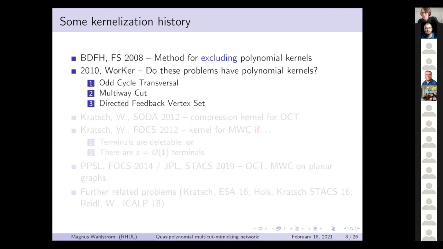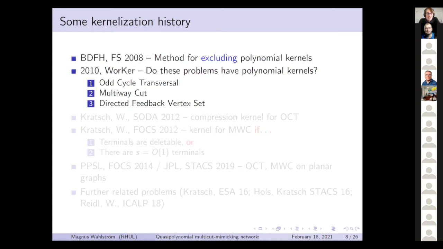If anyone incidentally needs a reminder, a polynomial kernel is a routine where you have polynomial time to do simplifications until the size is polynomial in k, your parameter. There were three questions among concrete problems which were highlighted early on as looking different from the others. We didn't know what to do about them.